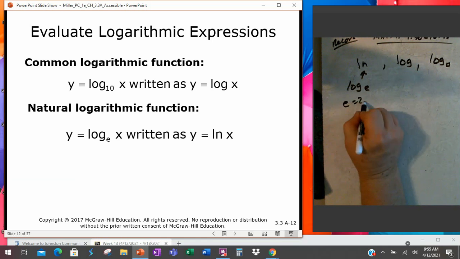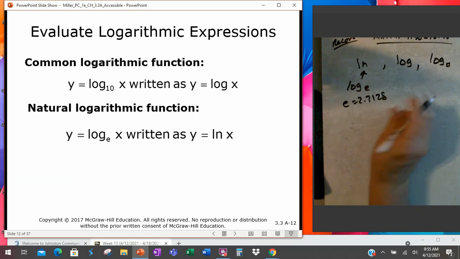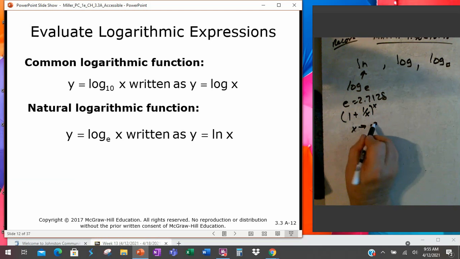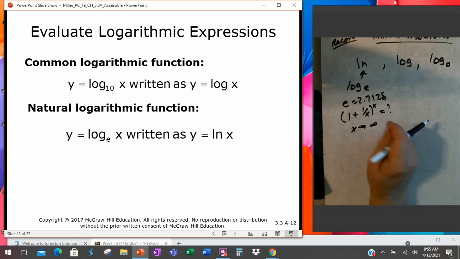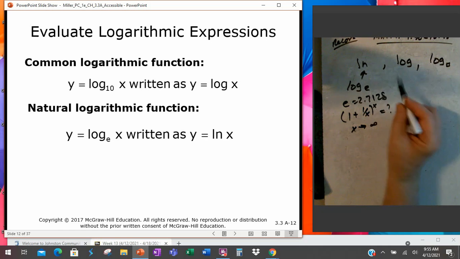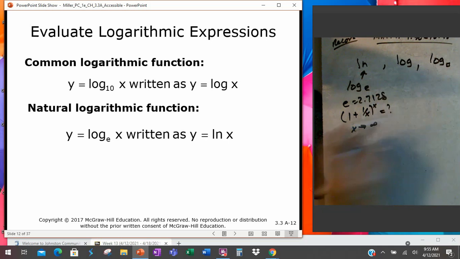And remember the e was 2.718. You remember that was the number we got when x went to infinity. It turns out the expression gets closer and closer to this number as x gets larger and larger. So this is a very special log function that goes with e to the x.